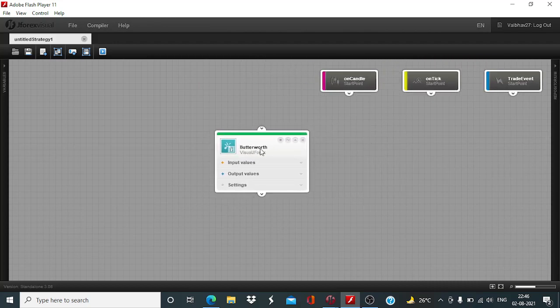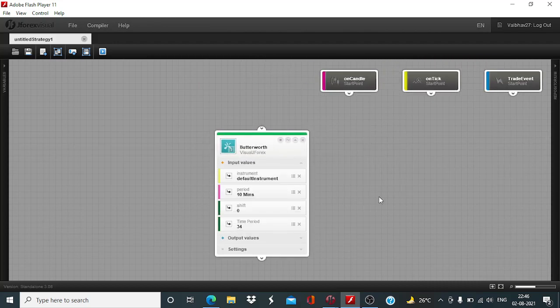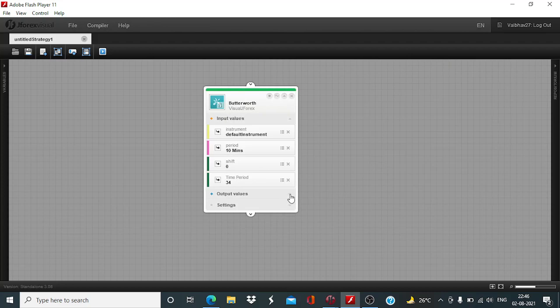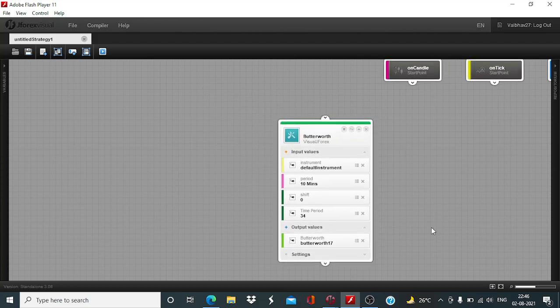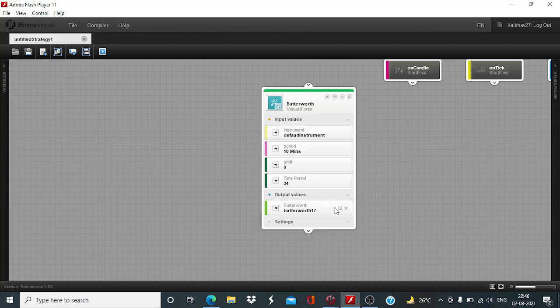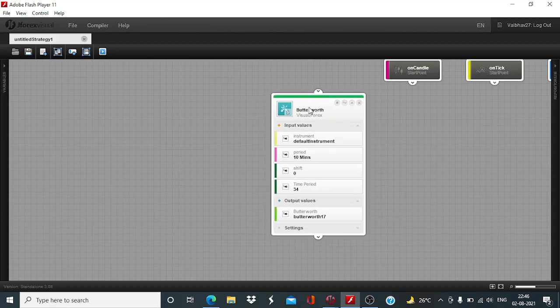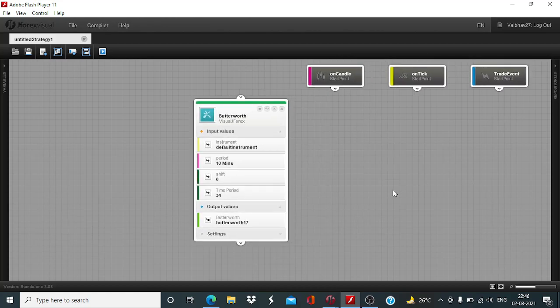Now we have to see how we can design and develop the algorithm using this indicator. We have to define these four input parameters depending on which we will get the output value, a smooth line, and this is going to be used to find the opportune time to get involved for the new trade.